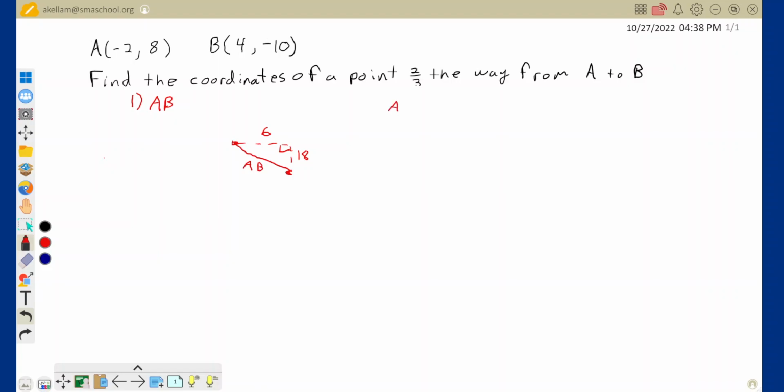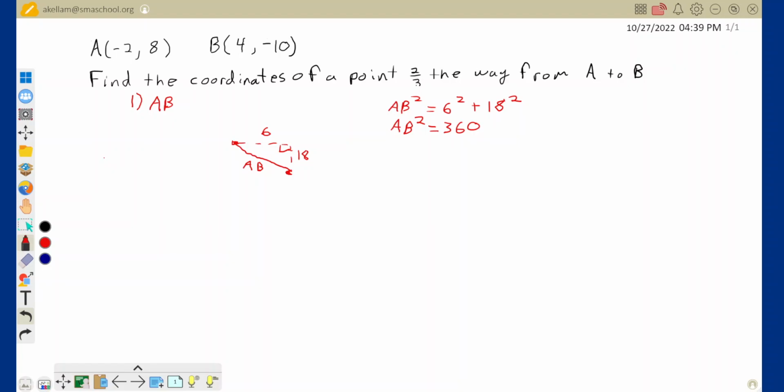we have AB squared equals 6 squared plus 18 squared, and AB squared is 36 plus 324, and that'll give us 360. 360 is nice.